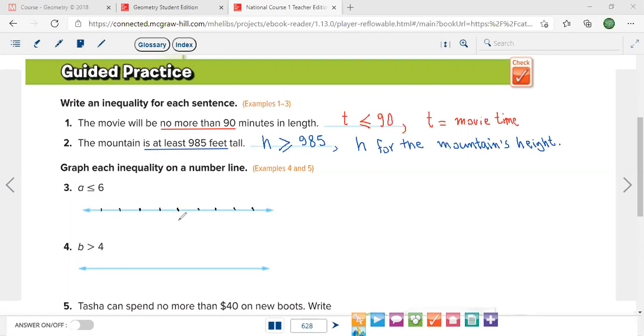Let's say that this is 6, so this will be 7, 8, 9, 10, here is 5, 4, 3, 2.